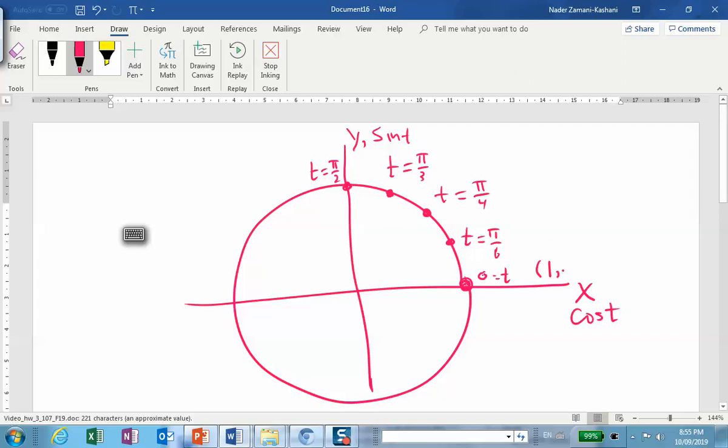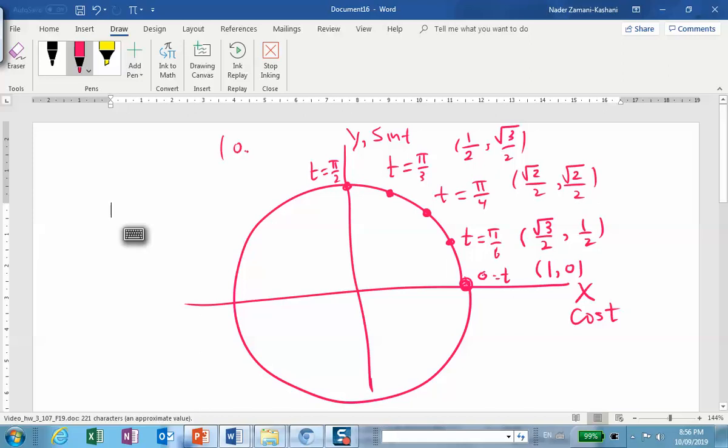Here, x is root 3 over 2, and y is 1/2. Over there, x is root 2 over 2, y is root 2 over 2. For pi over 3, x is 1/2, y is root 3 over 2. And obviously, at this last point, x is 0, y is 1.